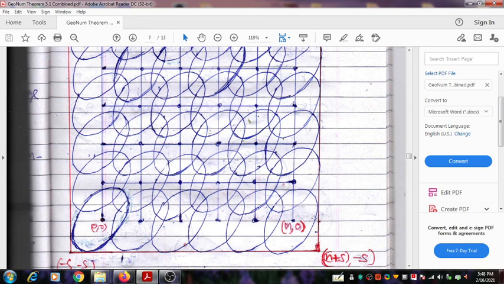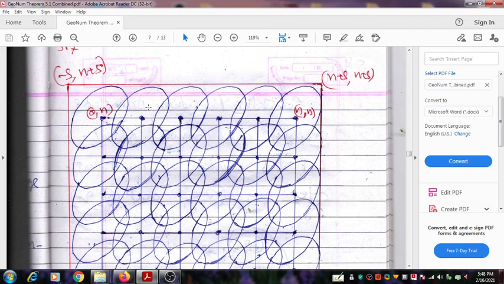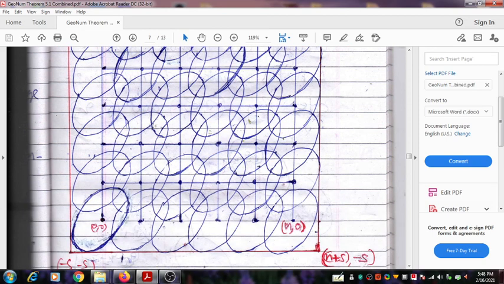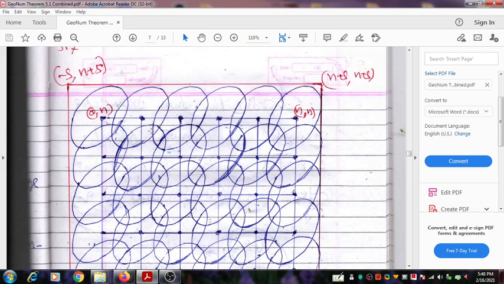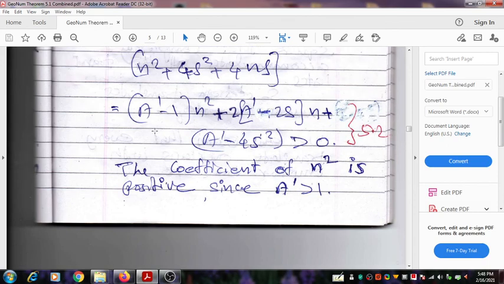We can make n sufficiently large. As we take larger values of n, the number of lattice points will increase, but that is not a problem. Actually, that will help us prove that the quantity obtained is positive.